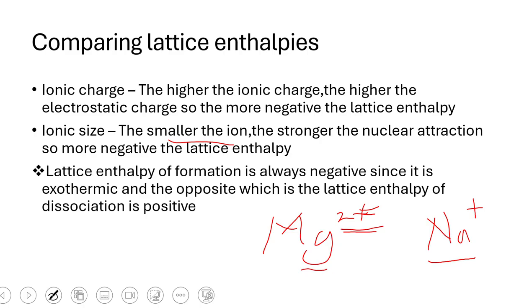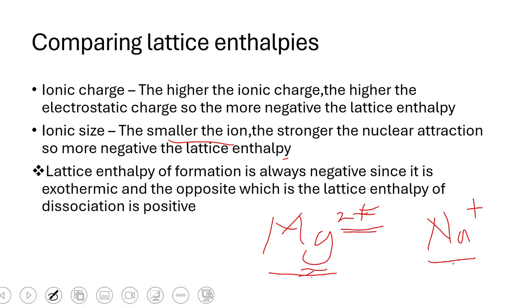And using the same example, Mg2 plus compared with Na plus, Mg2 plus has a smaller ionic radius than Na plus. Therefore, it will have stronger nuclear attraction. It will have stronger attraction to whatever ion it is bonding with compared to sodium. Therefore, it will have a higher lattice enthalpy.